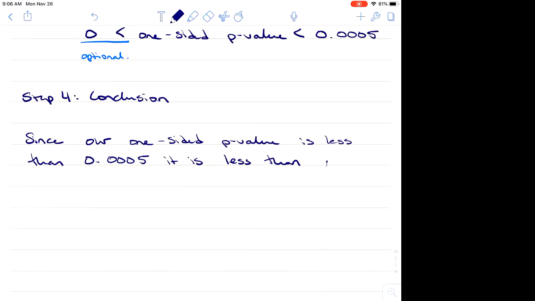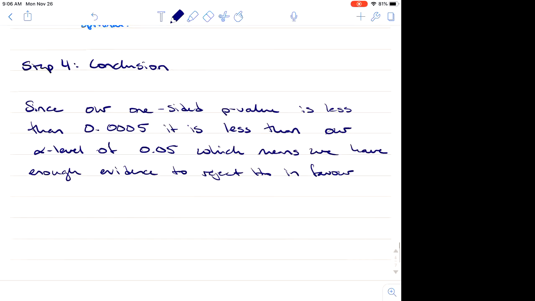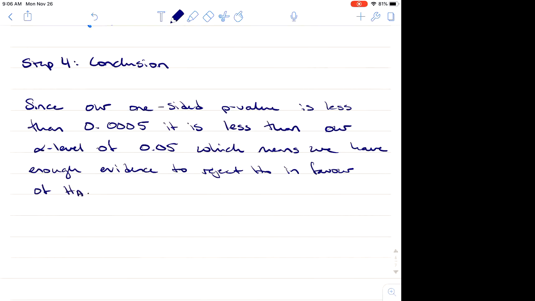So it is less than our alpha level of 0.05, which means we have enough evidence to reject H0. If we're rejecting it, we can say in favor of what, right? In favor of HA.